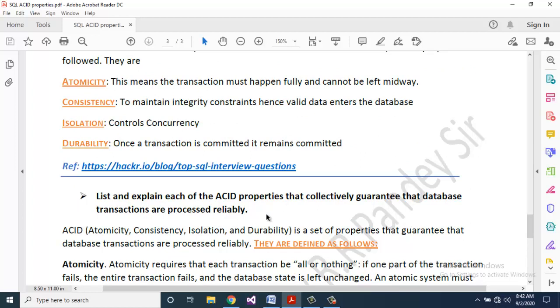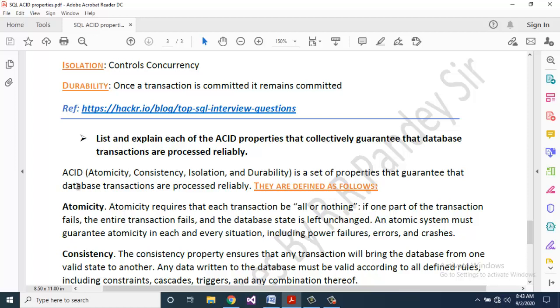Same question. List and explain each of the ACID properties that collectively guarantee that database transactions are processed reliably.